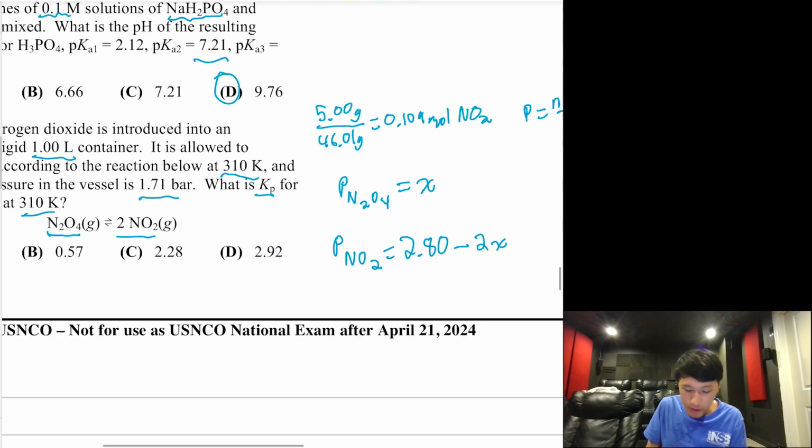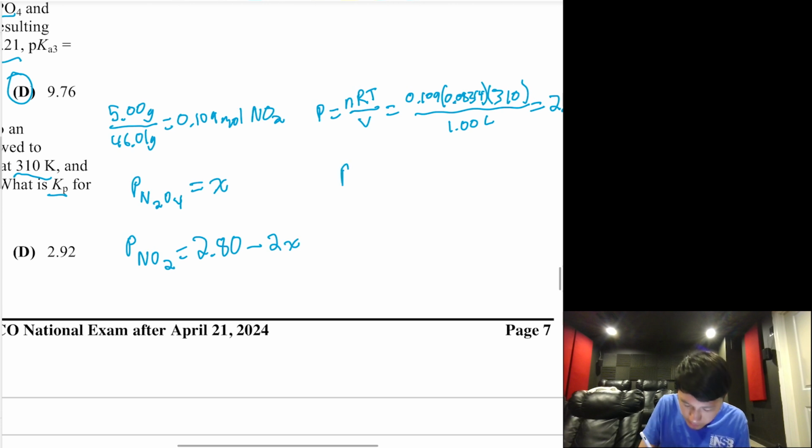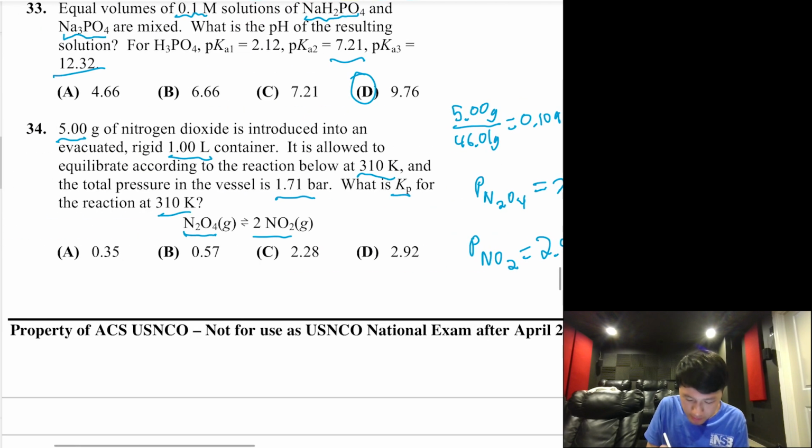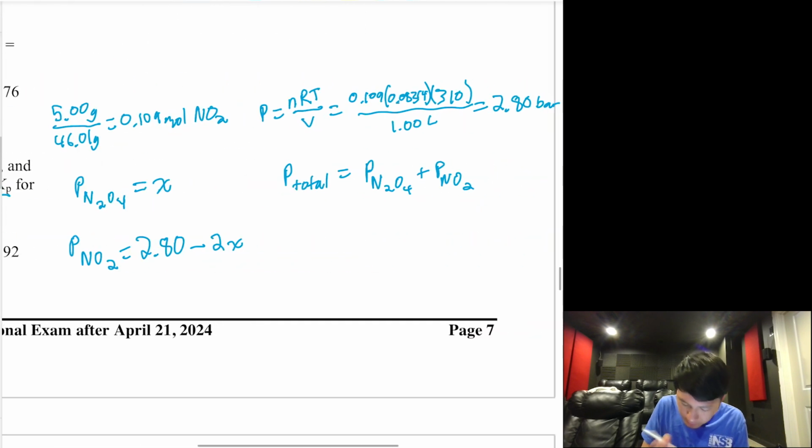Now, we also know that the total pressure, by Dalton's law, is equal to the sum of the partial pressures of the components. In this case, that's N2O4 and NO2. And we're also given that the total pressure is 1.71 bar. So 1.71 bar is equal to X plus 2.80 minus 2X.